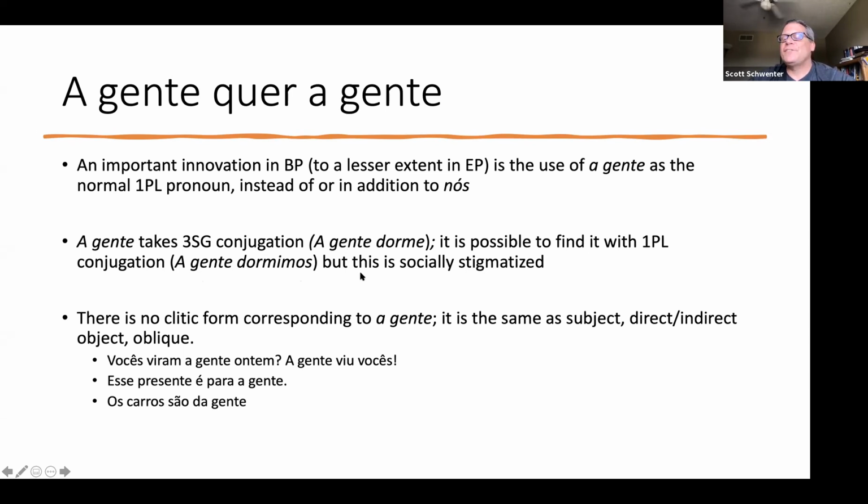But I tell my students that this is socially stigmatized. And probably the university educated or being educated students that you'll be around when you study abroad in Brazil will not accept you saying a gente dormimos. Because it's stigmatized to combine the first person plural conjugation with a gente when it means we.